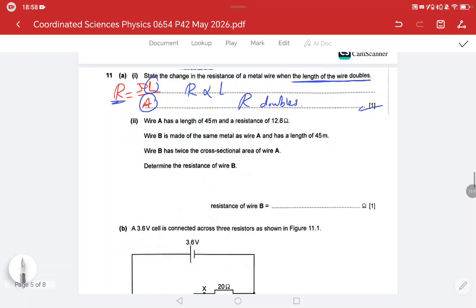And it's inversely proportional to A. Wire A has a length of 45 meters and a resistance of 12.6.